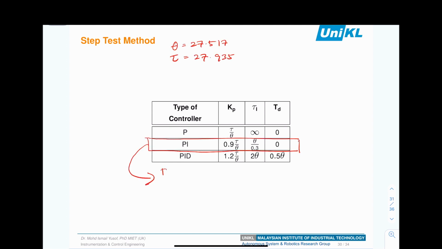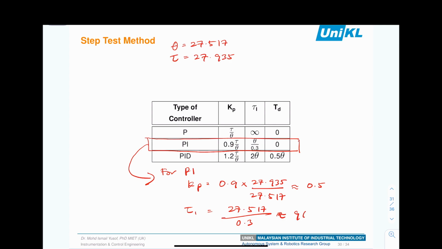For the PI controller, Kp is given by 0.9 times 27.935 over 27.517, which is approximately 0.5, and integral time is given by 27.517 over 0.3, which is approximately 96.